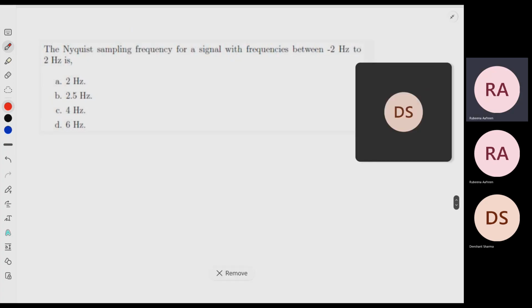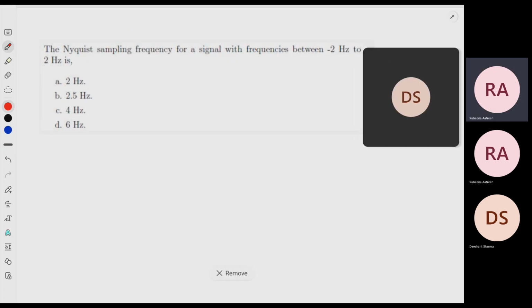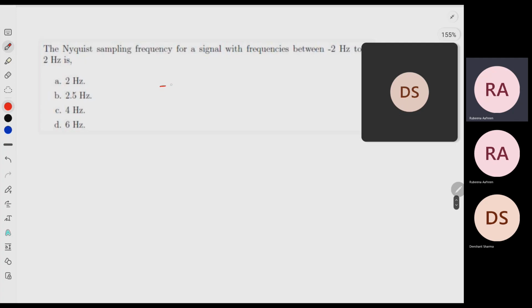If the Nyquist sampling frequency is asked for a signal with frequencies from minus 2 Hz to 2 Hz. So we know from the sampling theorem that the Nyquist frequency is greater than or equal to 2 times f max.